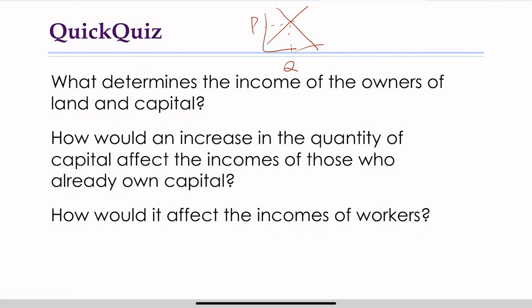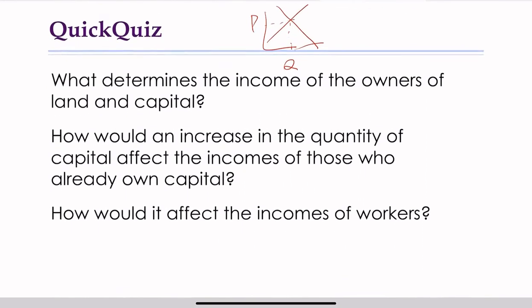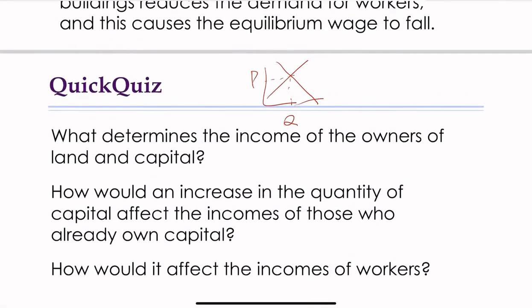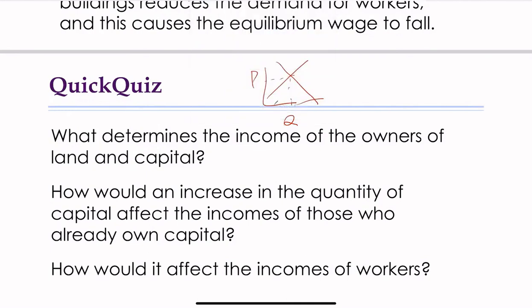Okay, this is actually interesting, right? So think about this. Let's say we're looking at the market for capital, right? So this is the market for capital. And then if there is an increase in the quantity of capital, then it means that the supply curve for capital will increase.